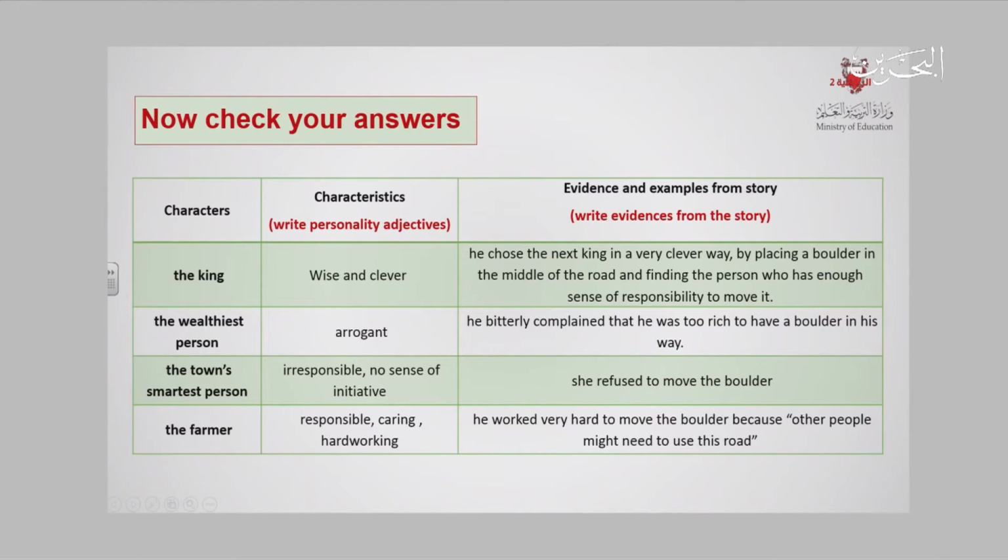The other character, the town's smartest person: irresponsible, no sense of initiative, because she refused to move the boulder. Last but not least, the farmer, because he showed that he was responsible, caring, and hardworking. How? He worked very hard to move the boulder because other people might need to use this road.